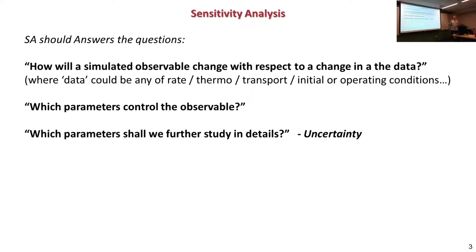Commonly, we'll refer to rate and thermal data, because that's what we care about mainly for our applications, but it can be applied to anything else. We also answer two other very similar questions: which parameters control the observable? We would like to know that. And which parameters shall we further study in detail? As you saw in the previous slide.